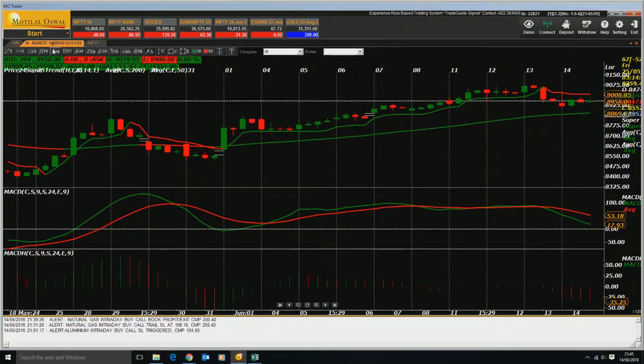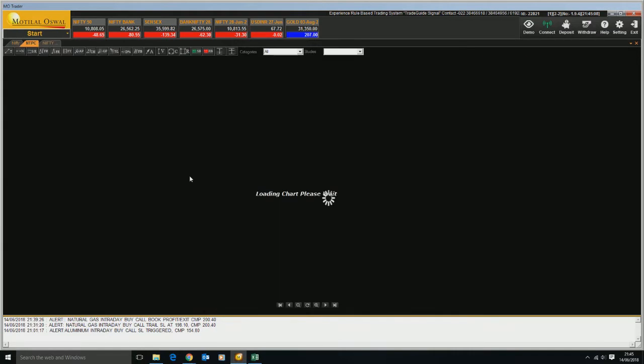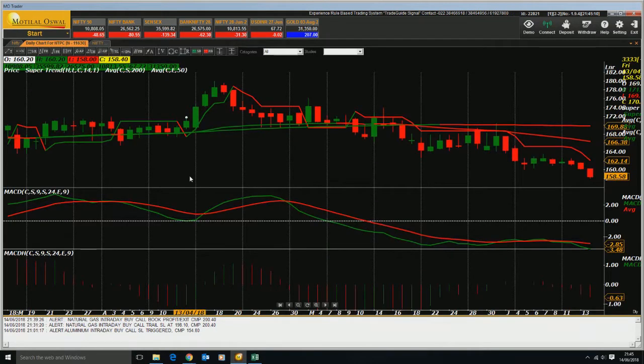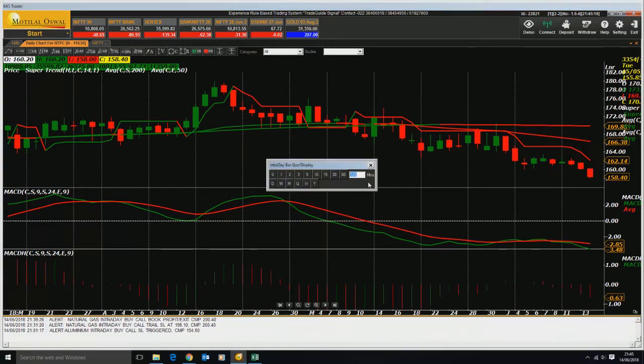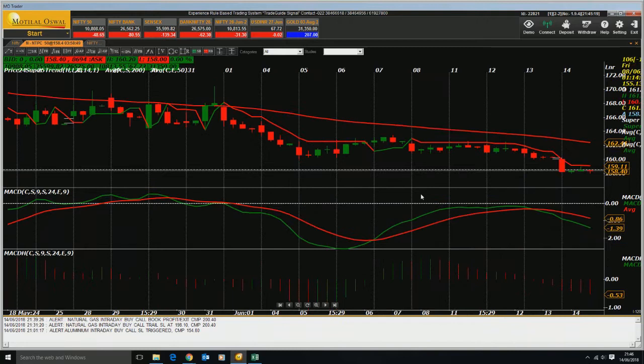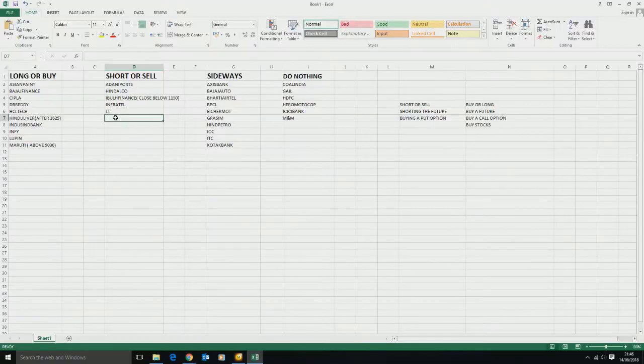And NTPC, daily charts, NTPC looks short to me, a definite crossover, and the MACD histogram is also supporting it. And if I go to my execution time frame, yes, it's a potential short NTPC with the stop loss at 160. So NTPC is a short candidate for me, right?